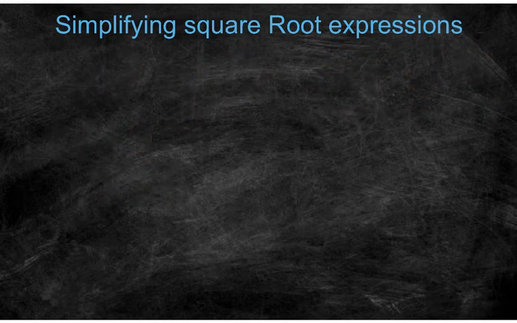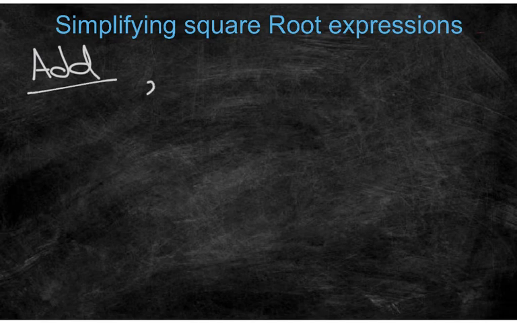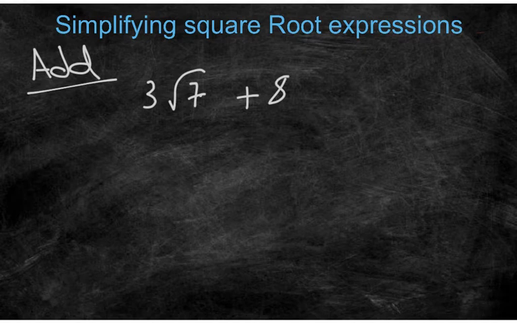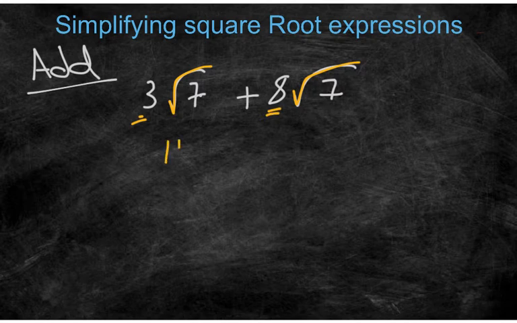Here we have 3 square root of 7 plus 8 square root 7. We have like radicals, so we just add 3 with 8, which is 11, and we keep square root 7.